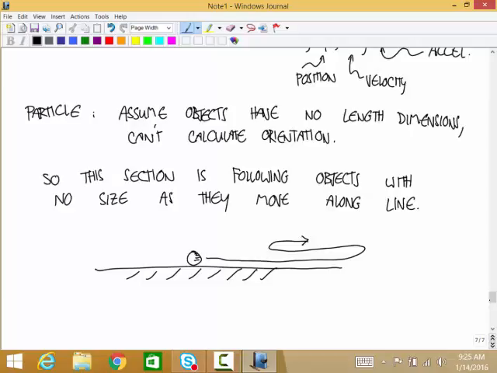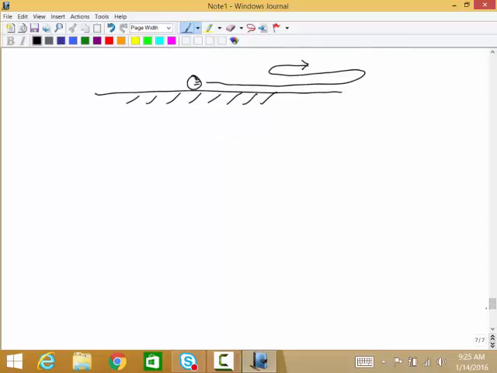So at a given instant, we're going to start by defining position.